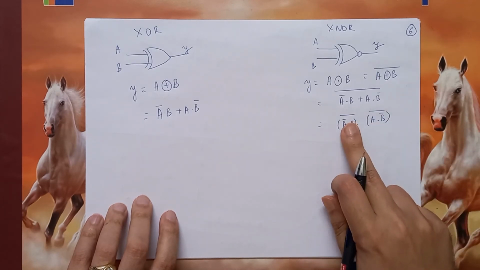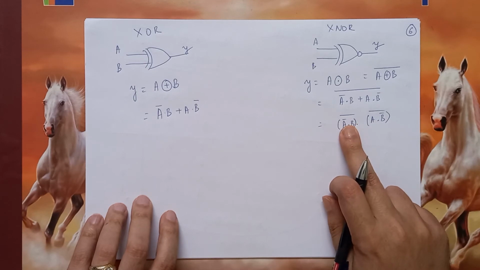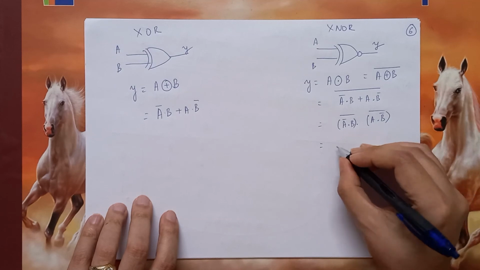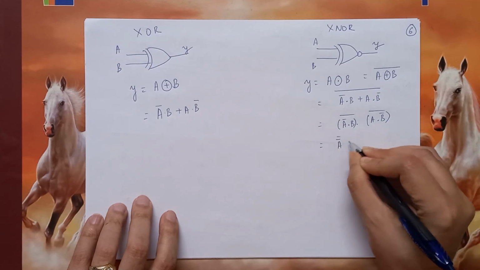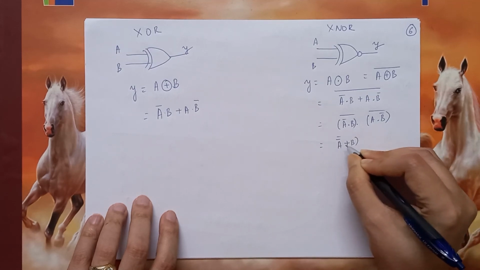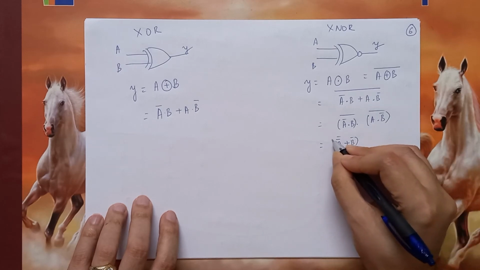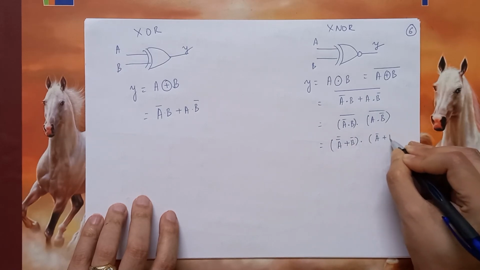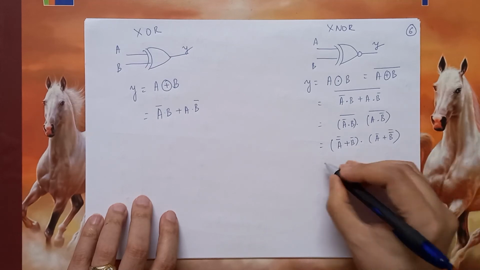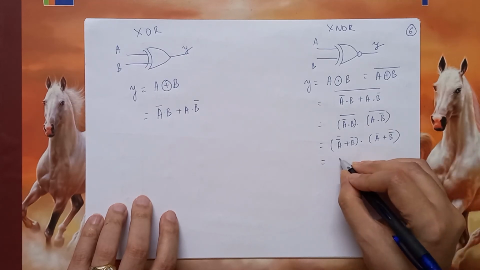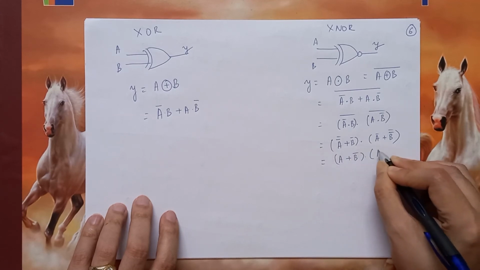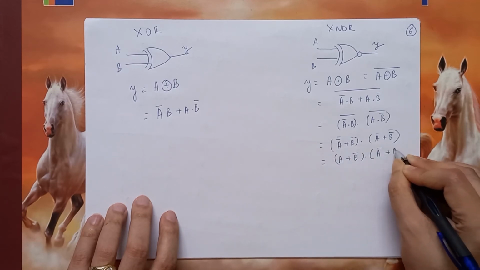Right? So now you can again apply De Morgan's theorem to each of these individual brackets. So here you will now get A bar bar plus B bar, dot, A bar plus B bar bar. Bar bar means the same as the original quantity.